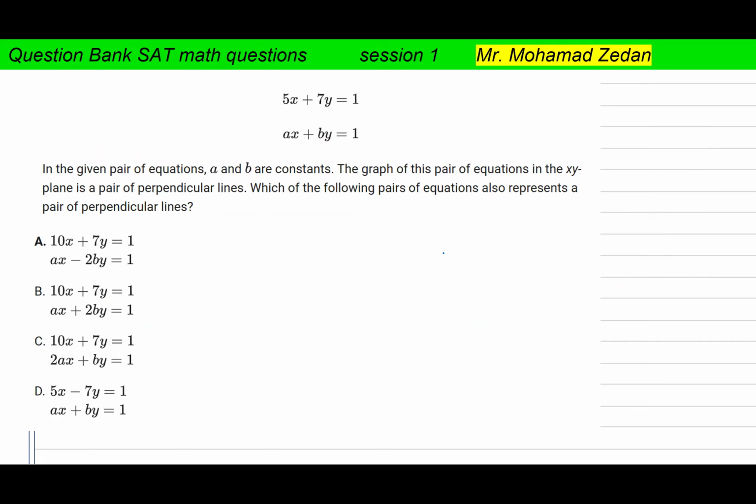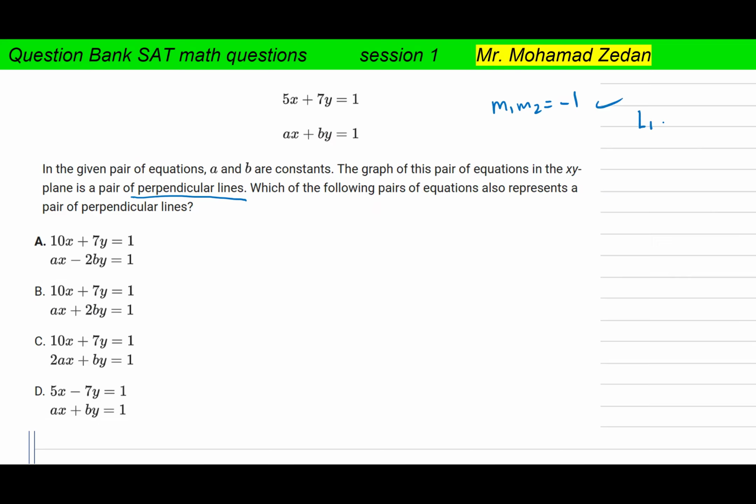In the given pair of equations, a and b are constants. The graph of this pair of equations in the xy plane is a pair of perpendicular lines. Perpendicular lines mean the product of the slopes of the two lines is -1, as you know the condition for perpendicular lines.